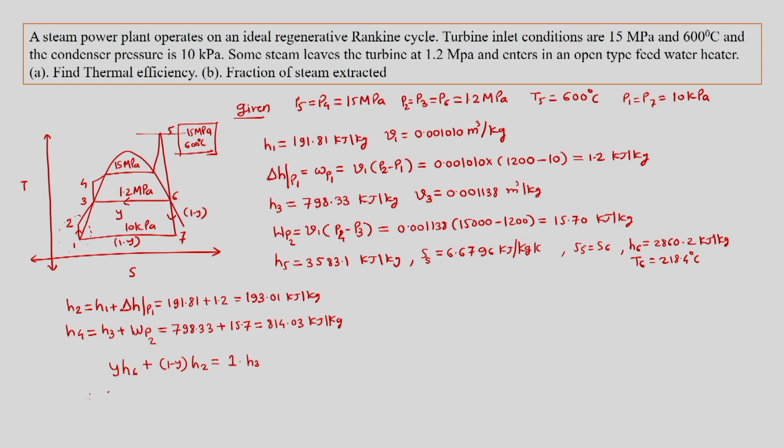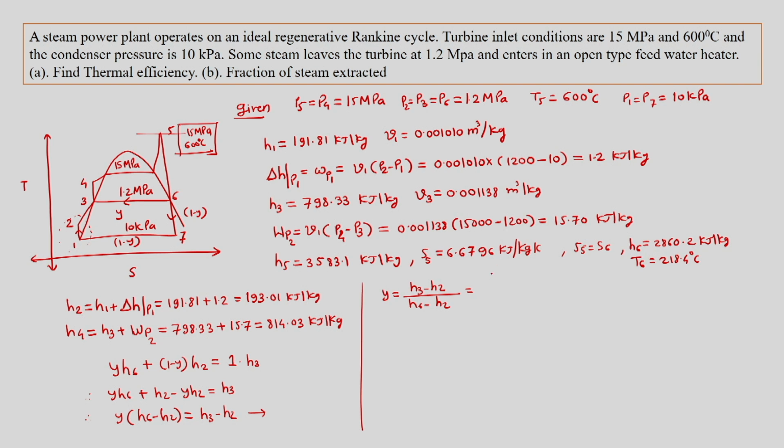So we know YH6 plus H2 minus YH2 is equal to H3. So Y of H6 minus H2 is equal to H3 minus H2, and this gives Y equal to H3 minus H2 divided by H6 minus H2, and then we know all the enthalpies.